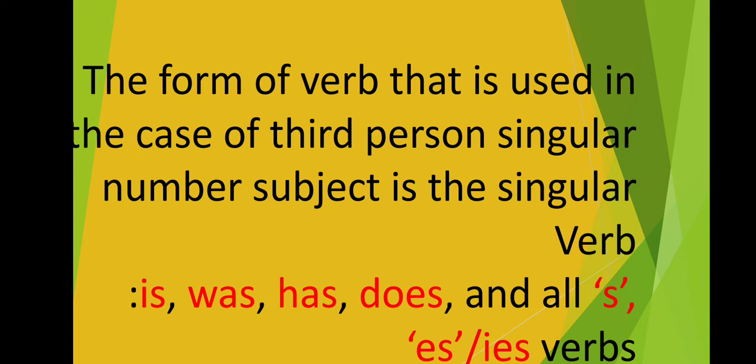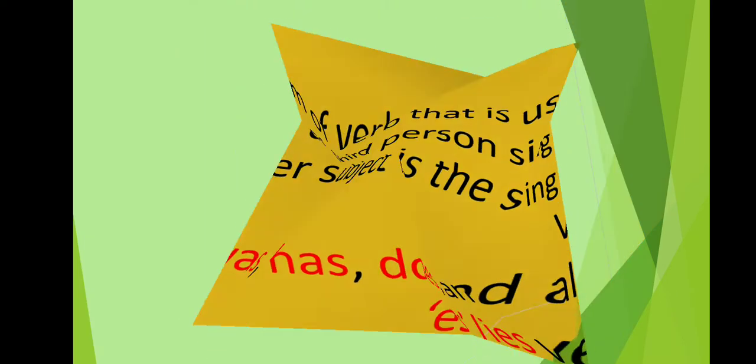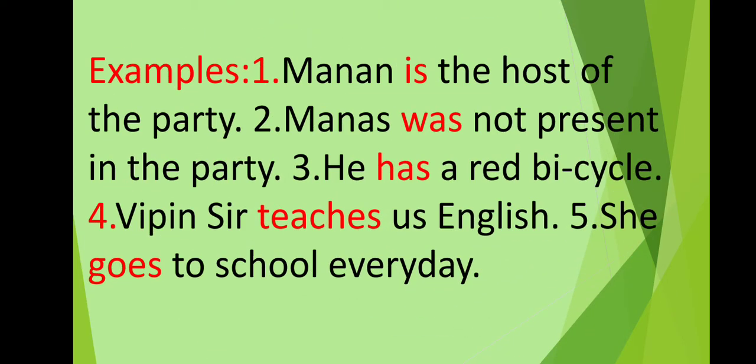So here is. In the next page we have used is. Manan is: Manan is a singular subject, the verb that is used also is singular. Manan is the host of the party.